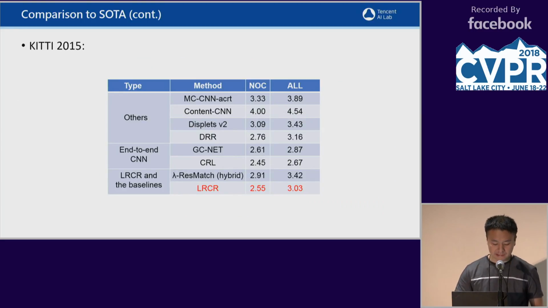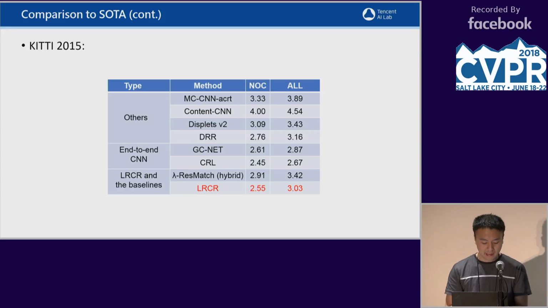This table shows the quantitative results of our model and the other state-of-the-art models on KITTI 2015. Our model is better than most deep learning-based methods, as well as L2 rest match, which is our baseline, but our method is slightly worse than the recently published end-to-end disparity model, cascade residual learning.